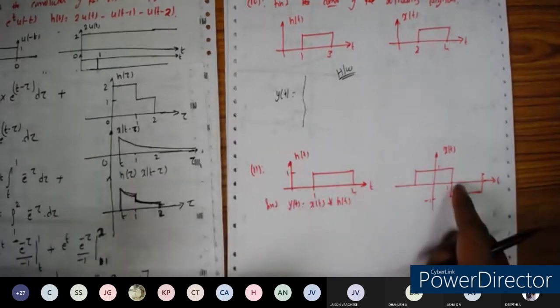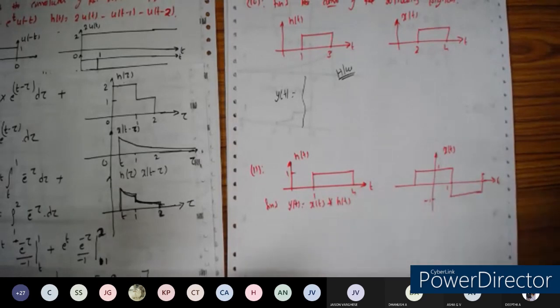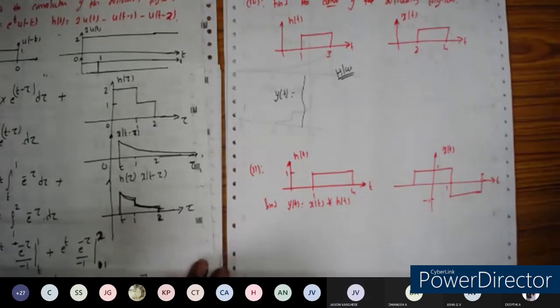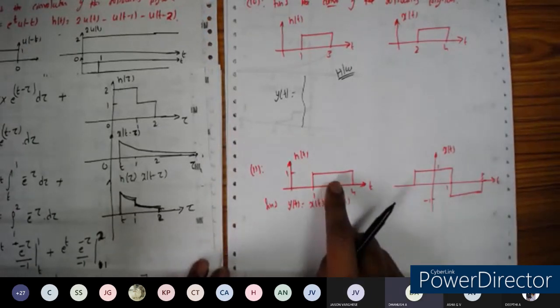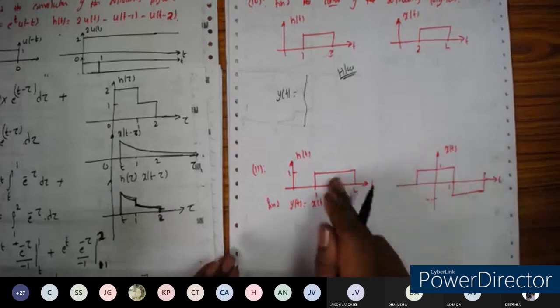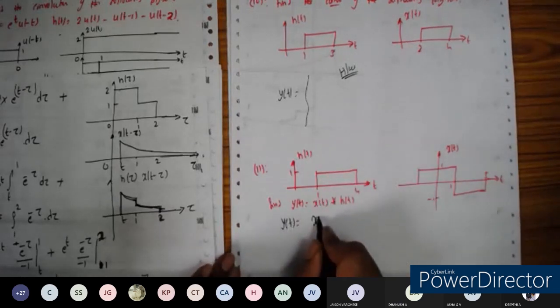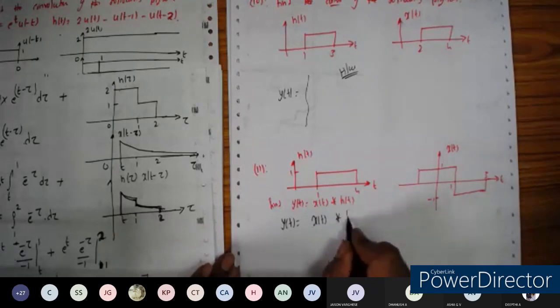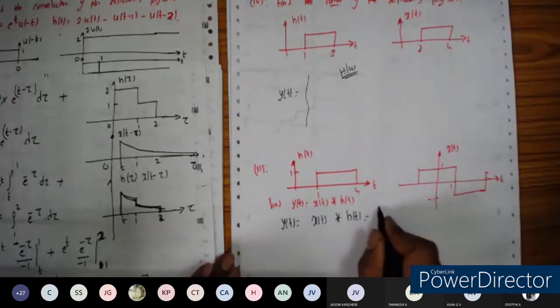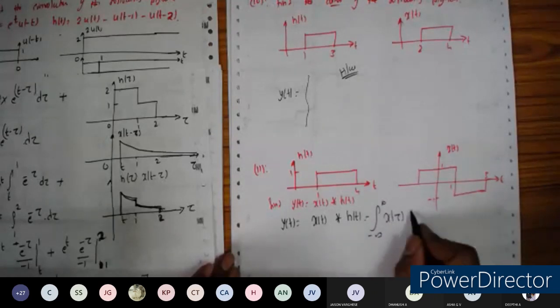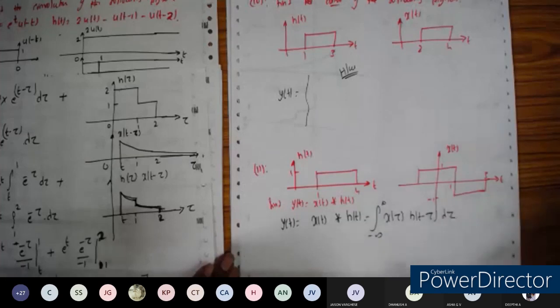So h of t is a, x of t is a. In which signal shall I introduce the shift? H of t, whichever is the simplest one. Let us introduce the shift in this one. So I'm going to consider y of t is equal to x of t convolution with h of t, which is the integral from -infinity to +infinity of x of tau into h of t minus tau d tau.